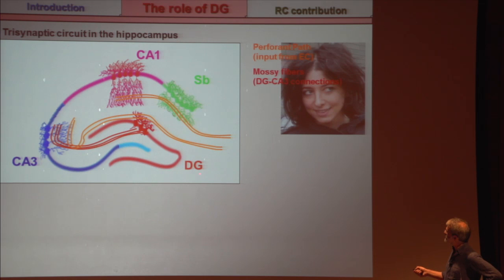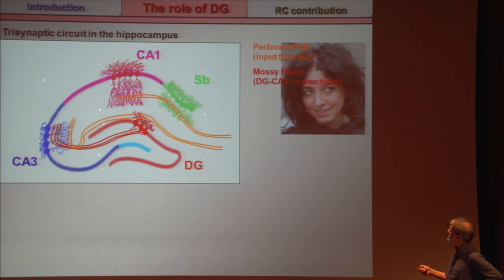The first region is the dentate gyrus with the second region called CA3. And what makes these connections so interesting is that these two regions, the dentate gyrus and CA3, receive the very same fibers coming from the cortex here. So they are exposed to the same sources of information.